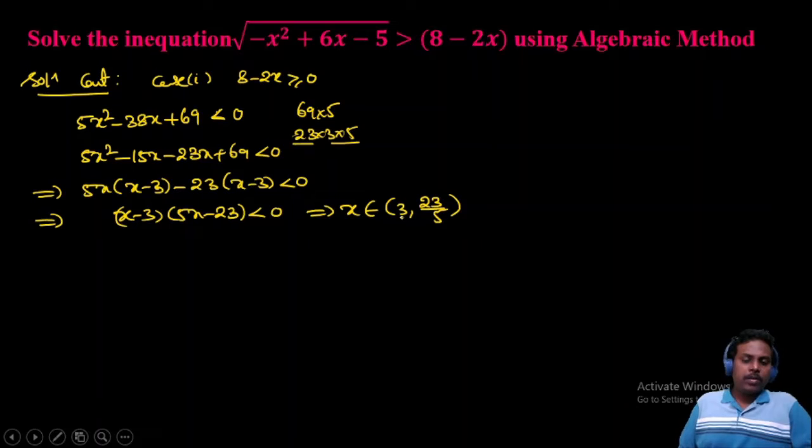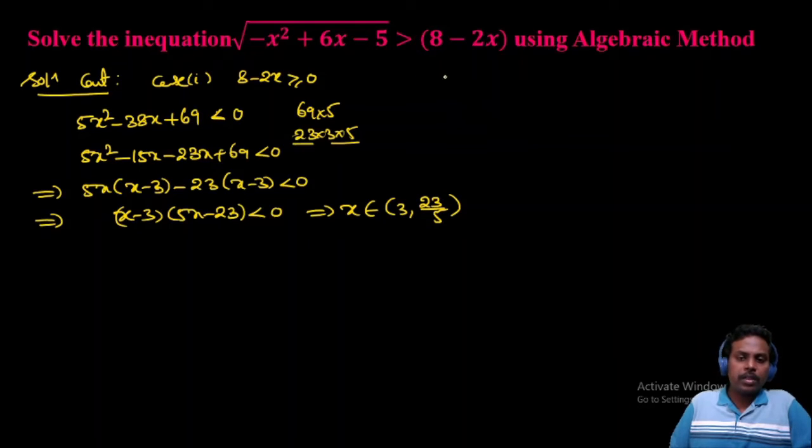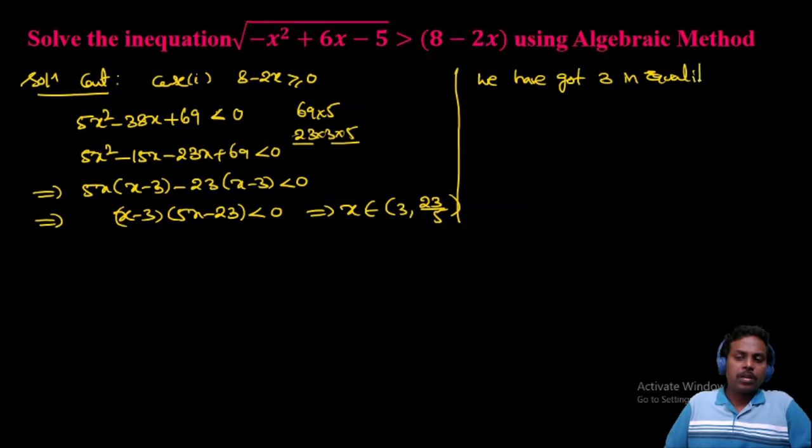Now we have got 3 inequalities here. Let me solve it here. What is the first inequality? 8 minus 2x greater than or equal to 0 implies x is less than or equal to 4.